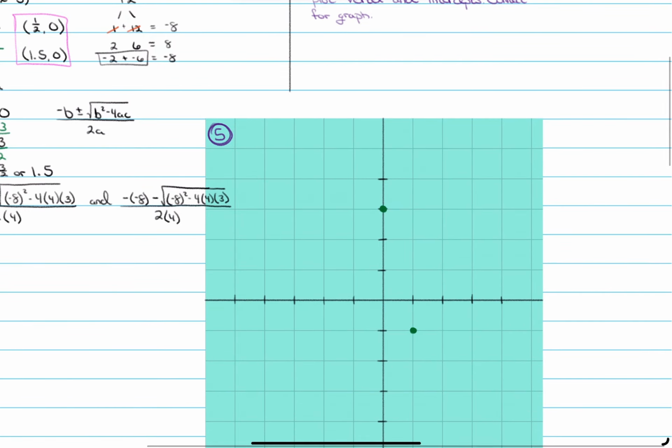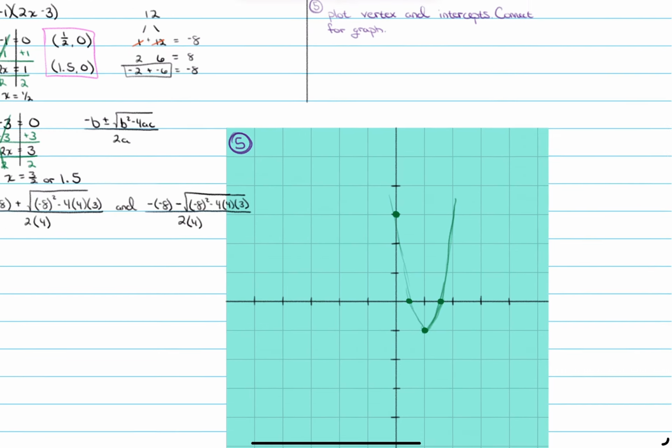That's going to be 1/2, 0, and 1.5, 0. So about like this. Okay. And we're going to just connect our dots. Right like that. A little off. Should be there.